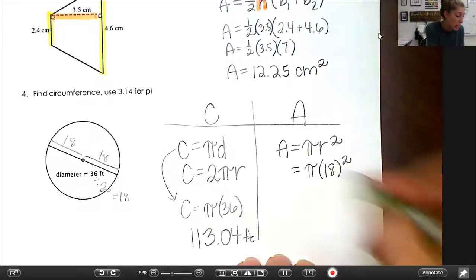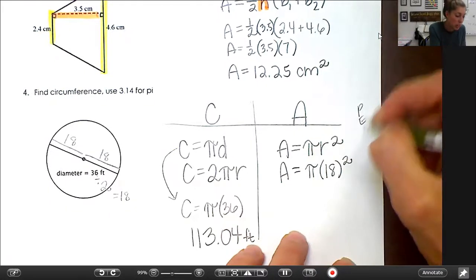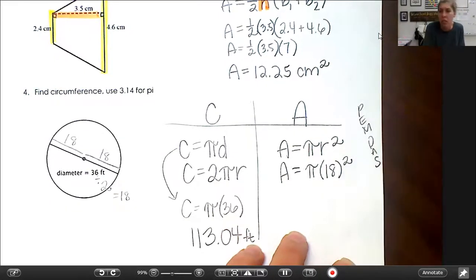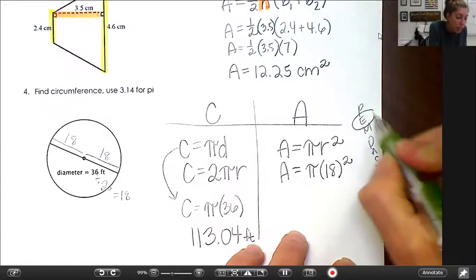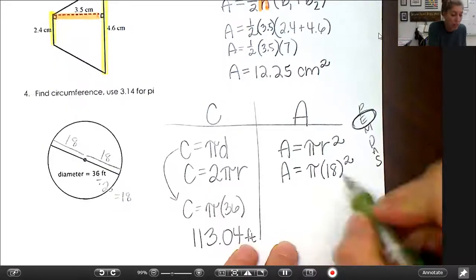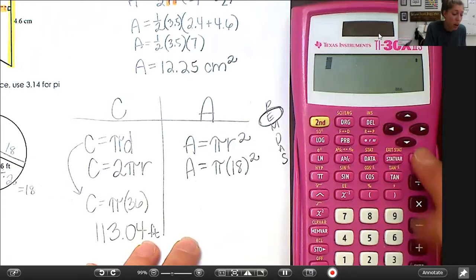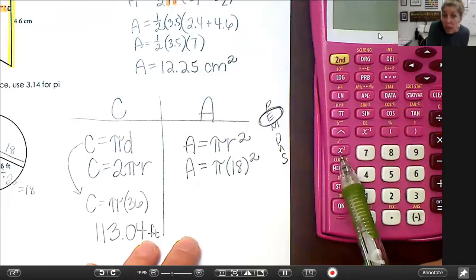Now remember, once you get to this point, we need to follow order of operations. I'm gonna write, please excuse my dear Aunt Sally, right? Exponents come first, and then I'm gonna multiply them. So I need to do 18 squared. Now you have options. If you have a calculator with a little squared shortcut, look for it.